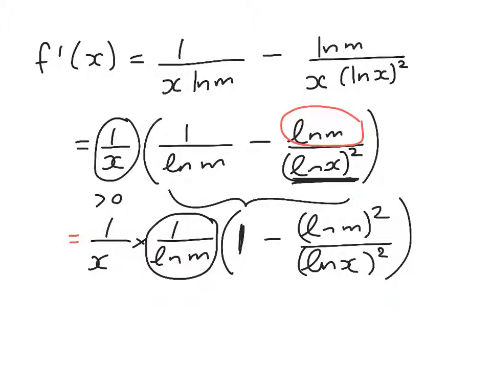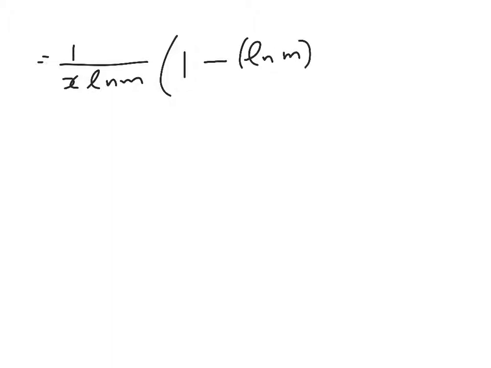Right, now let's look at this. This bit must be positive, and now we can have a wee look at this. So I am doing this really slowly. I'm sure half of you have hit stop by now, but if you're still watching, we'll look at what's the sign of this part of the expression going to be now. So this is equal to 1 over x log m times 1 minus log of m over the log of x, and we can write that as all of that squared.